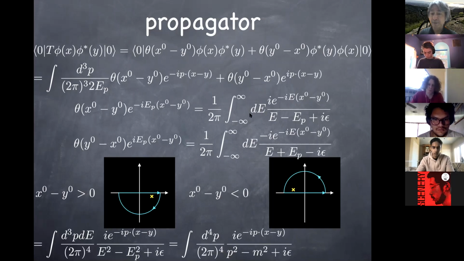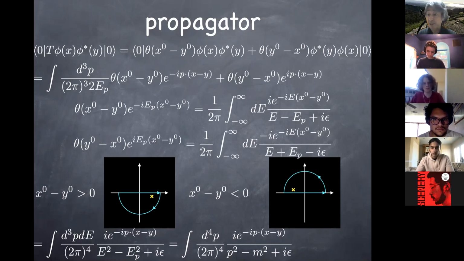And this E integral, the contour integral, combines together with the three-dimensional momentum integral in the mode expansion of the field, now into a full four-dimensional momentum integral. So the integration volume is Lorentz invariant. The integrand is Lorentz invariant. And this is the form of the propagator we use, which is already a sum of sending a particle from one place to another, or an antiparticle from the other place to this one in the opposite direction.